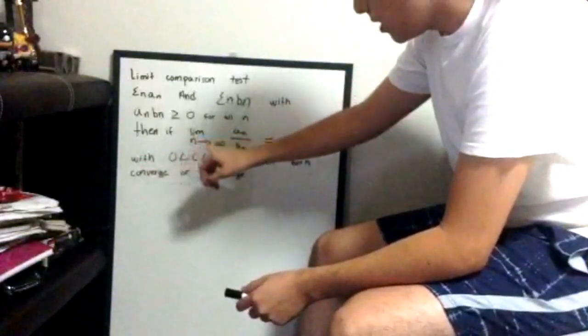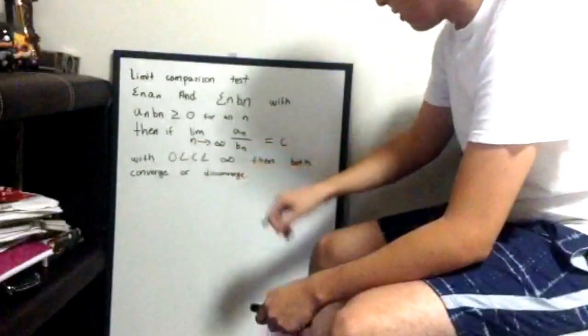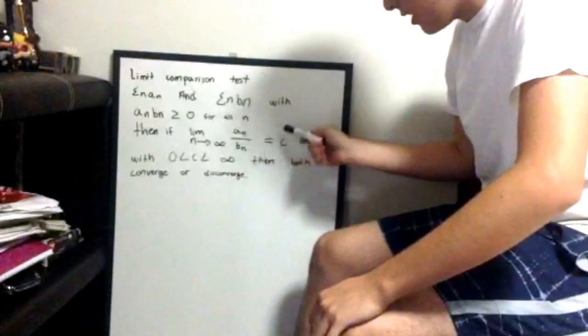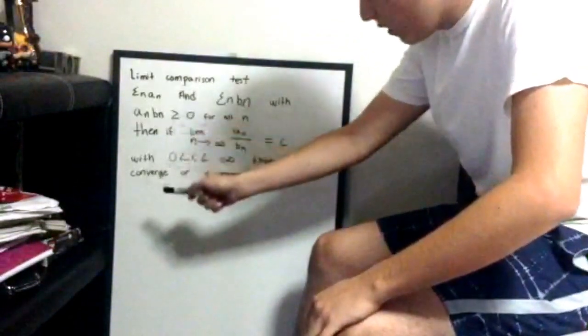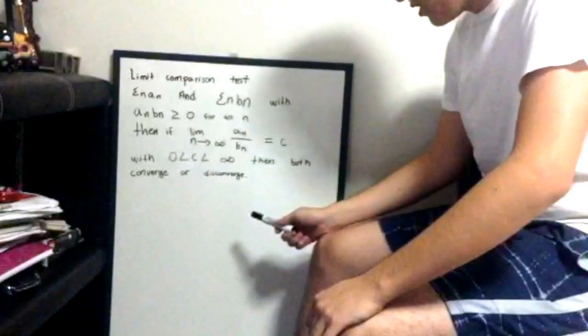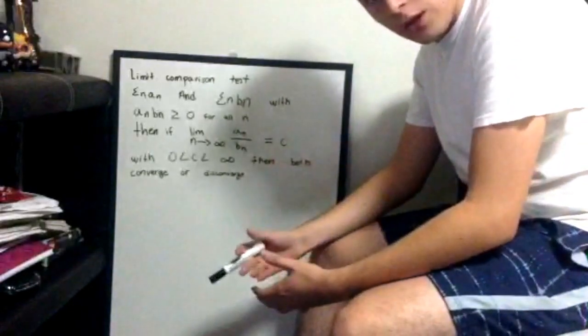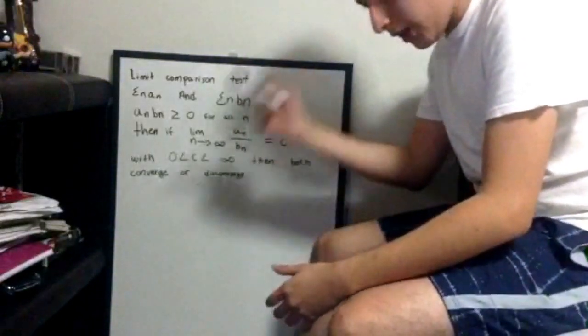Then, if the limit as n goes to infinity of the first series over the second series equals c, with c bigger than 0 but smaller than infinity, then both series either converge or diverge. Now, how do we know that? We'll tell in just a second.